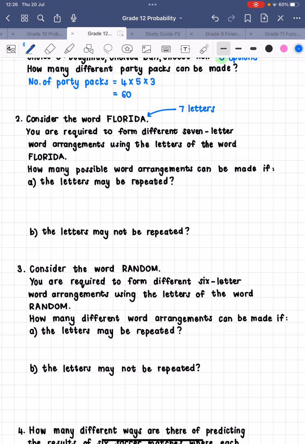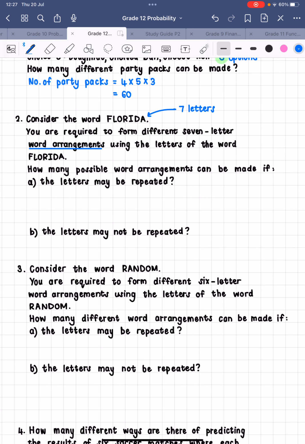Now they are saying you are required to form different 7-letter word arrangements using the letters of the word Florida. So basically, you know those like little puzzles or things that you get in magazines sometimes where they ask you how many words can you make up using the letters of this thing. All right. So now the reason why they've said word arrangements is because if you have Florida, right, and you just swap the L and the O, is that a word?